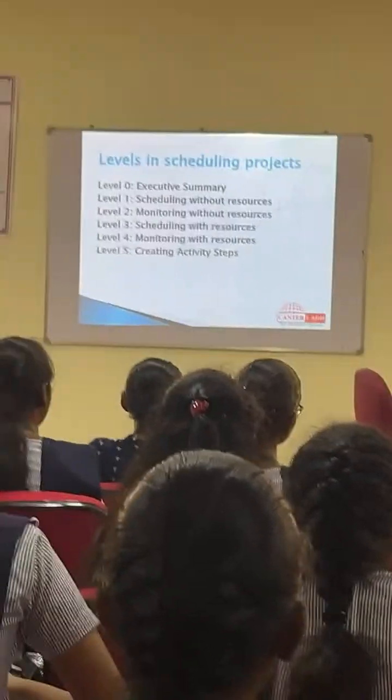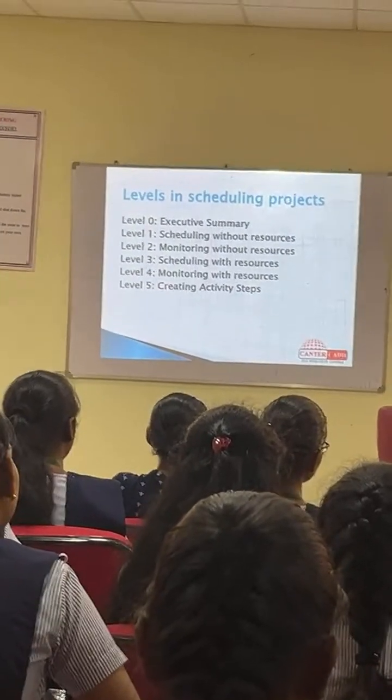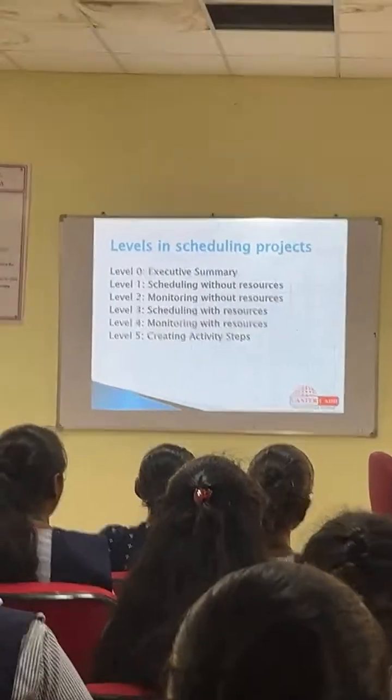Now an example of a level 1 project would be most civil projects, where someone who creates a plan, do you think he will know the people going to do the construction work? He will not know who are the daily labor, who is going to come, all the people who are going to work on the site. The planning person may not know. He will only create the plan.